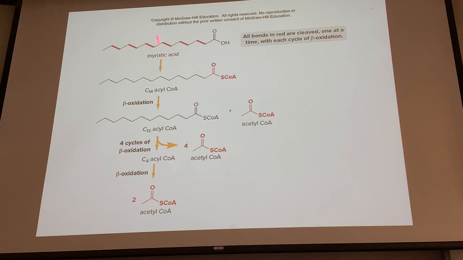The bonds in red are the ones that are going to be cleaved by those beta oxidations. In all but the final one, acetyl coenzyme A and one each of those coenzymes will be produced. In the final one, our C4 acyl coenzyme A will get cut into 2 acetyl coenzyme A's. So 6 cycles will produce 7 acetyl coenzyme A's, 6 FADH2s, and 6 NADHs.